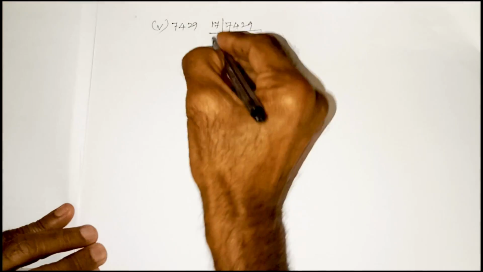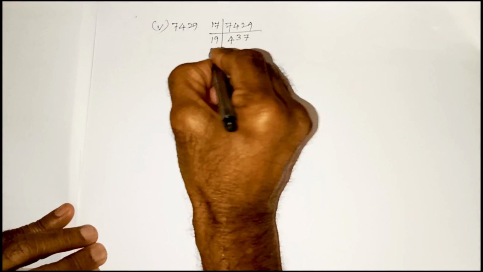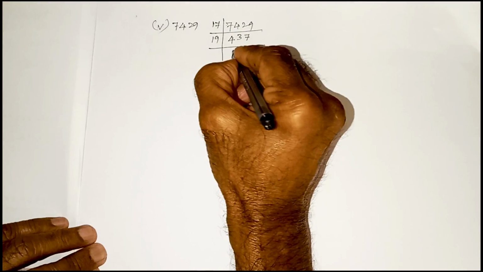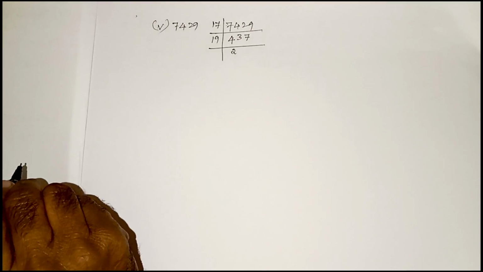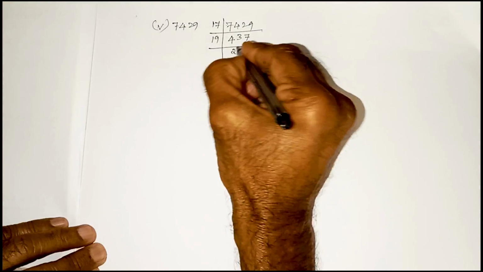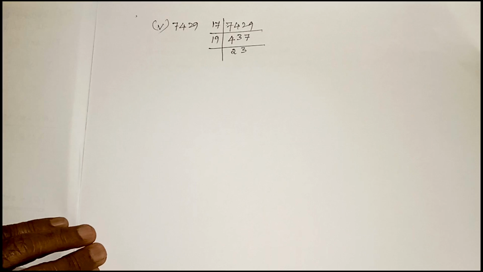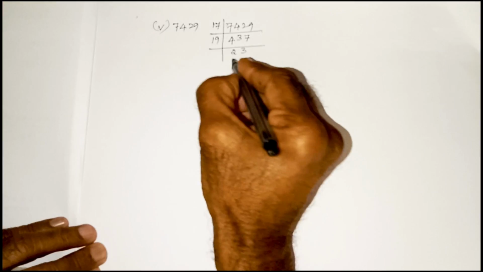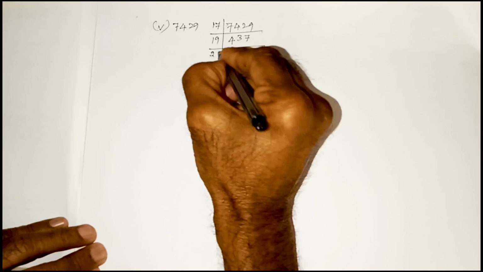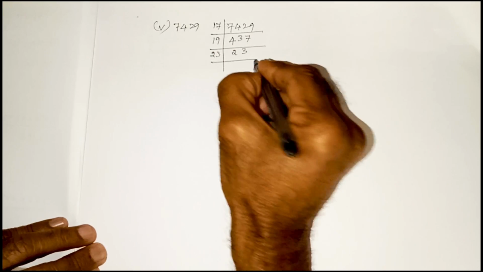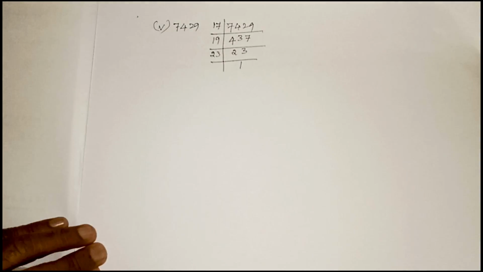Now further, you can try with 19. 19 2 times gives you 38. The balance 57 goes 3 times. 19 into 3 is 57. So further, you have to only divide this by 23. You get 1 as a quotient.